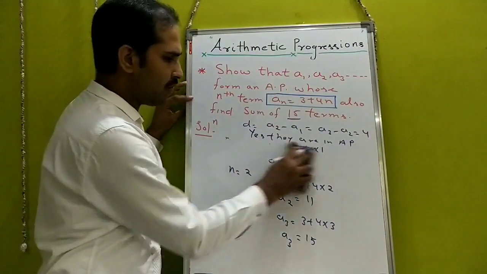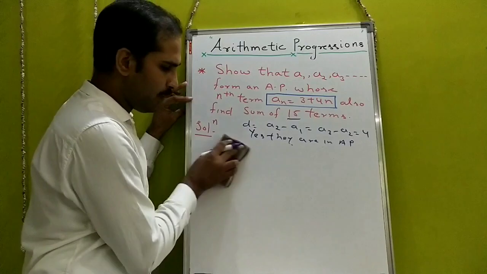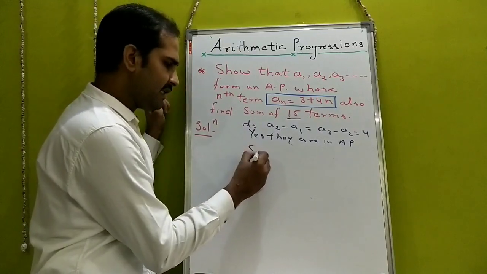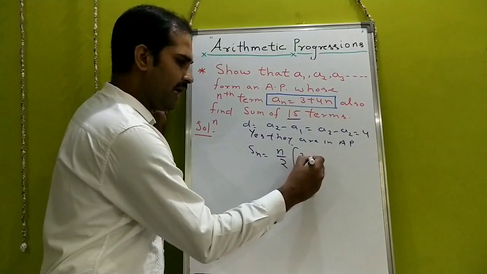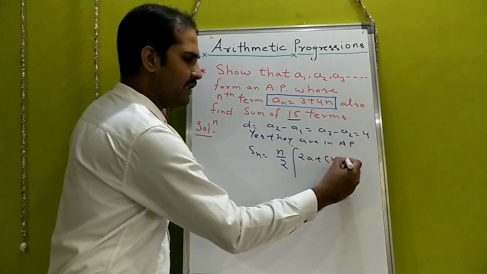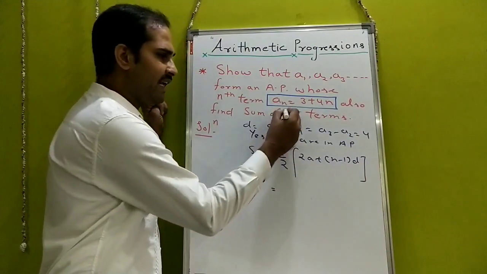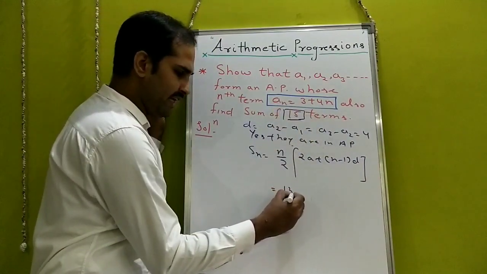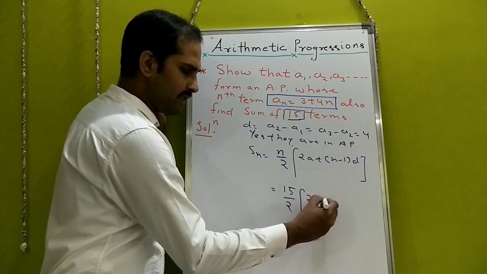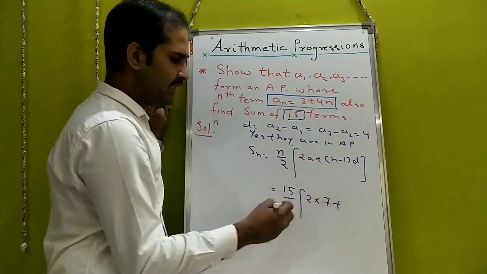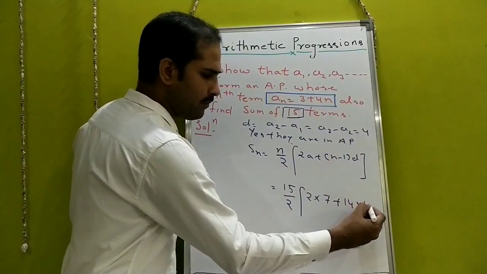Now try to find the sum of 15 terms using the formula for the sum of n terms of an AP. Sn is n by 2 in bracket 2a plus n minus 1 into d. This is the formula. Now we have to find the sum of 15 terms, that means n is equal to 15. 2a, so the first term is 7, plus n minus 1 means 15 minus 1, that is 14. d is 4.